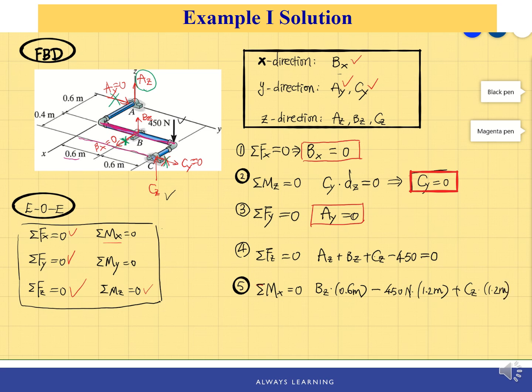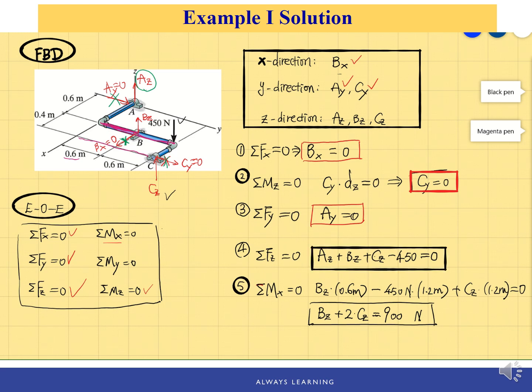And those are all the forces that cause moment about the x-axis. And this should be 0. Now simplify this equation. I have BZ plus 2CZ equal to 900 Newton. And we need one more equation to solve 3 unknowns.